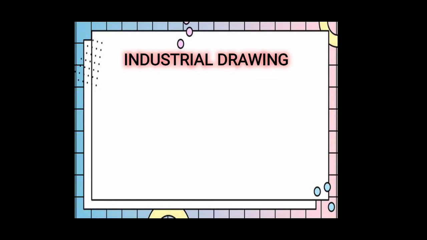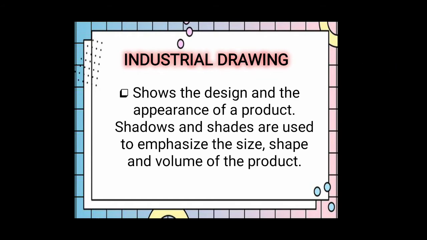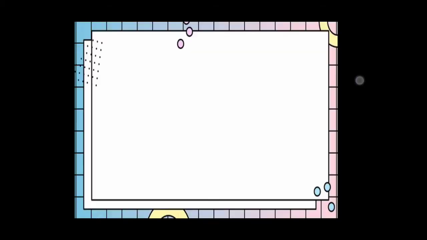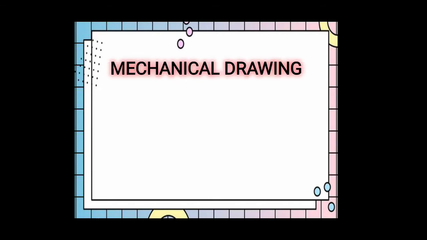Next is industrial drawing. It shows the design and appearance of a product. Shadows and shades are used to emphasize the size, shape, and volume of the product. So these are examples of industrial drawing. Next is mechanical drawing.